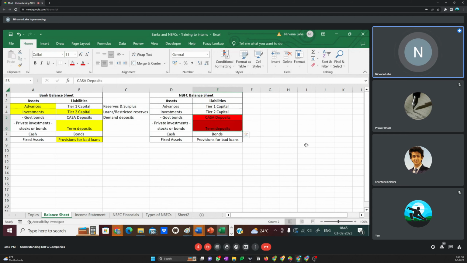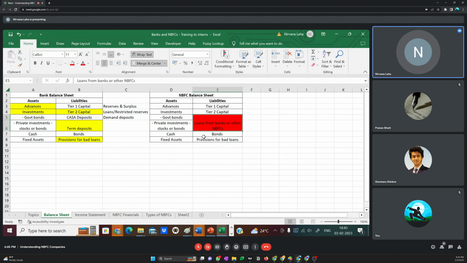CASA deposits and term deposits are not a thing. So, for example, if IIFL Finance is there, you cannot open a savings bank account with them, because they are not a bank. They are not allowed to take your deposits. So this entire block of deposits is replaced by loans from banks or other NBFCs.